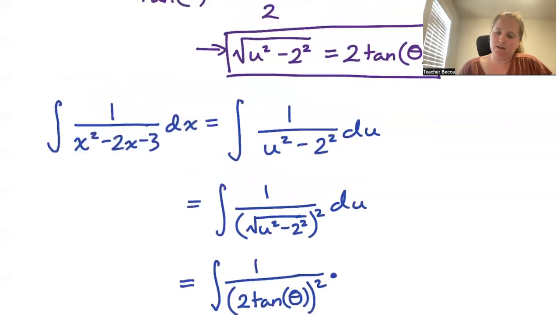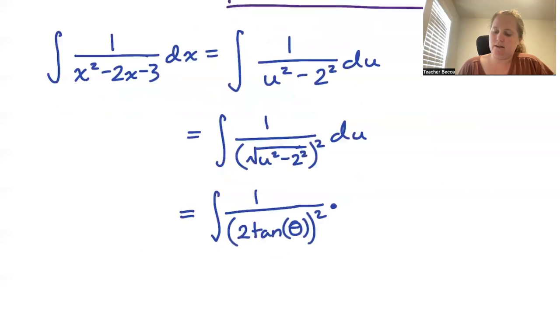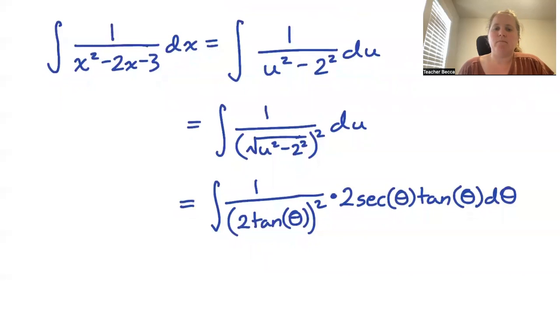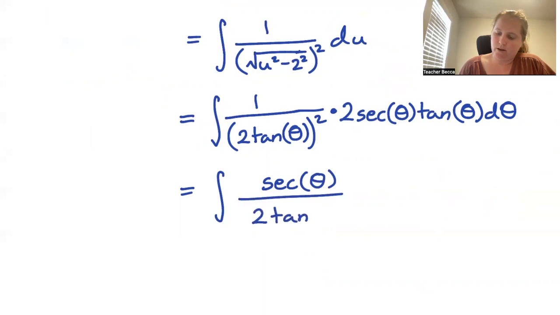Then we are multiplying by du, and du was 2 times secant theta tan theta d theta. This becomes the integral of secant theta over 2 tangent theta. We can cancel out one of our 2's and our tangent theta, and then d theta.